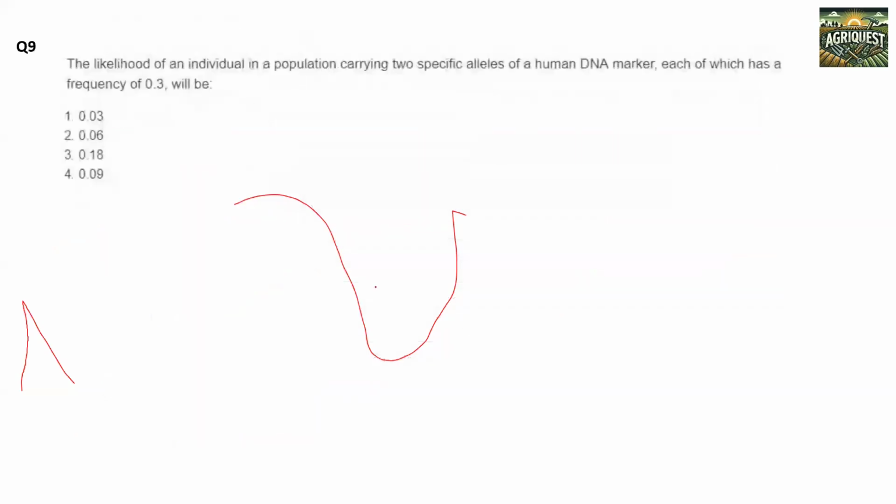The likelihood of an individual in a population carrying two specific alleles of a DNA marker, each of which has a frequency of 0.3.